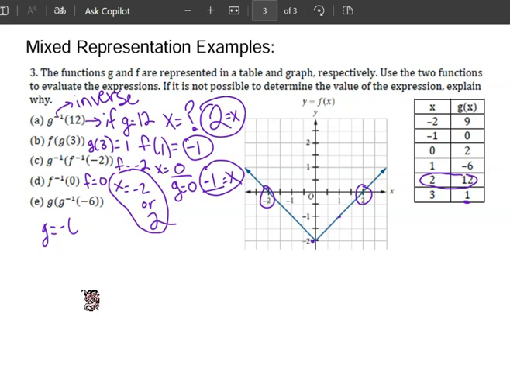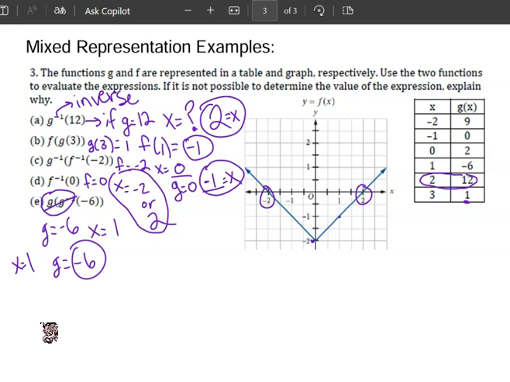So g equals -6, x would equal 1, and when x equals 1, g would equal -6. Basically, if you have an inverse and a non-inverse, those cancel out.